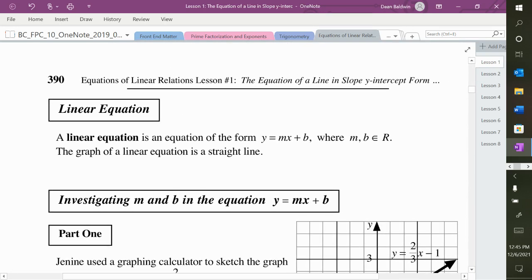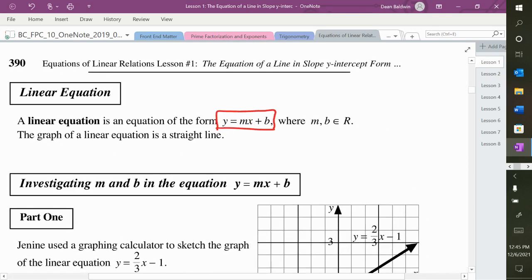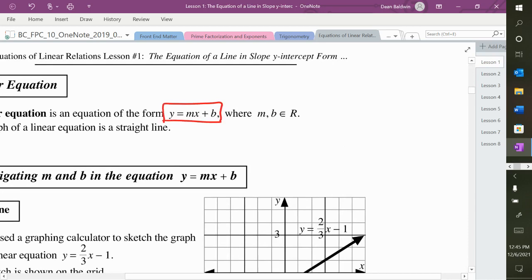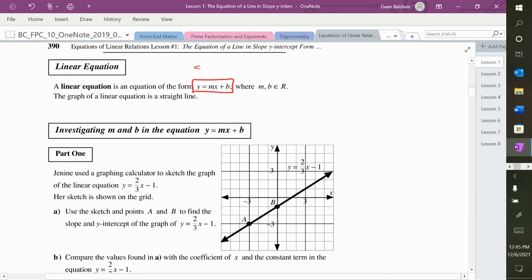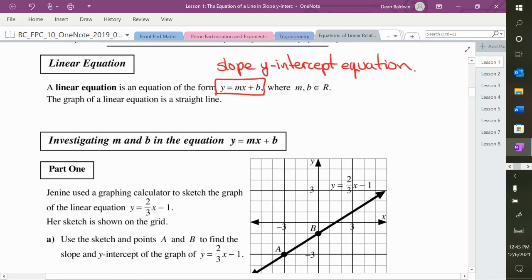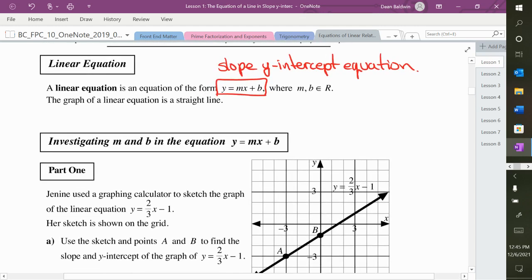A linear equation is anything in the form y is equal to mx plus b. This is also known as the slope y-intercept equation. Why do you think it's called slope and y-intercept?